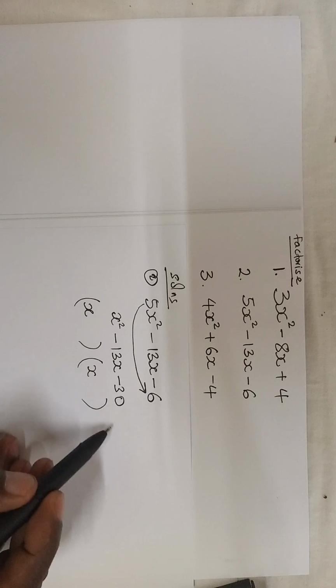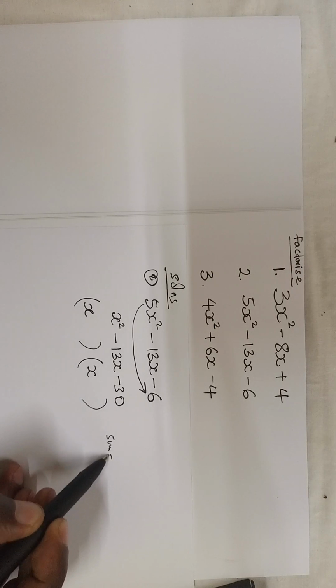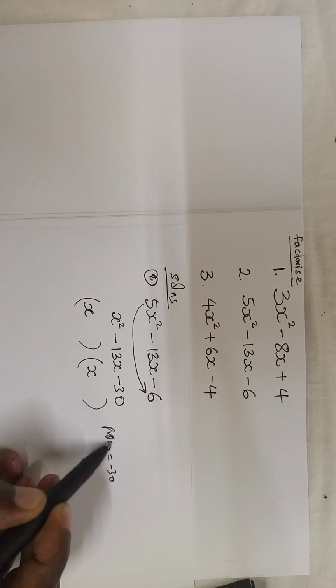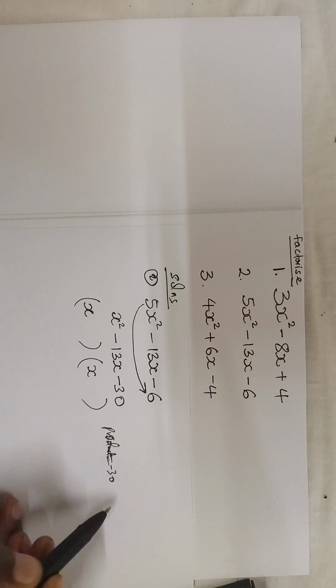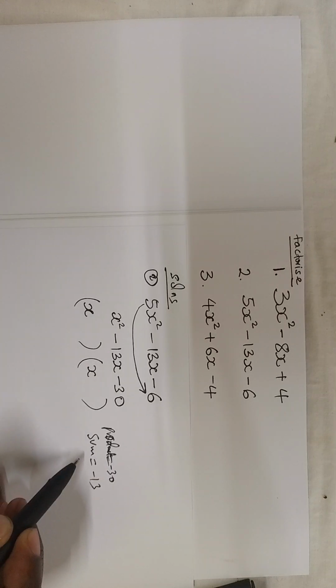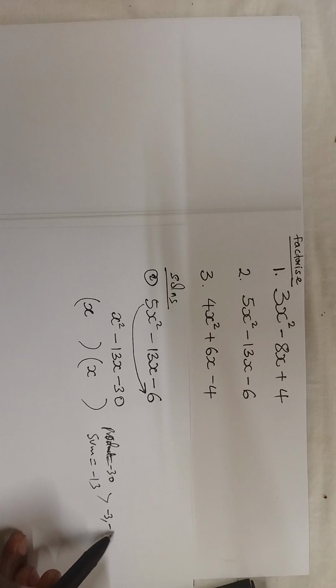Now I want two numbers which give me a product of negative 30 and a sum of negative 13. Could these two numbers be negative 3 and negative 10?